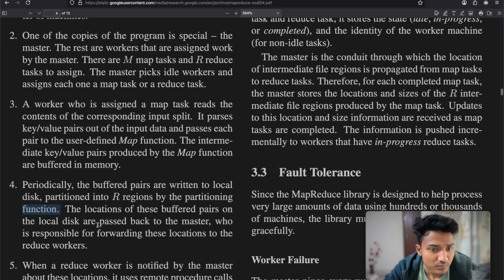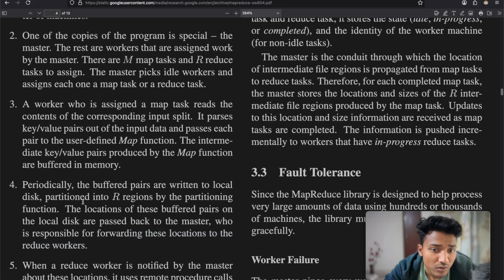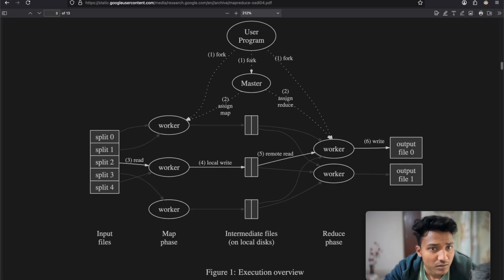The location of these buffered pairs on the local disk is passed back to the master, who is responsible for forwarding these locations to the reduce workers. So this means that the local disk space in which these writes are flushed is partitioned once we have the writes flushed in the local disk.